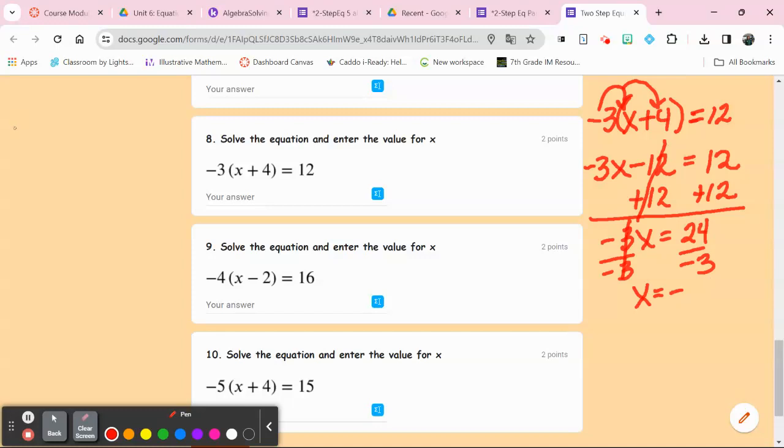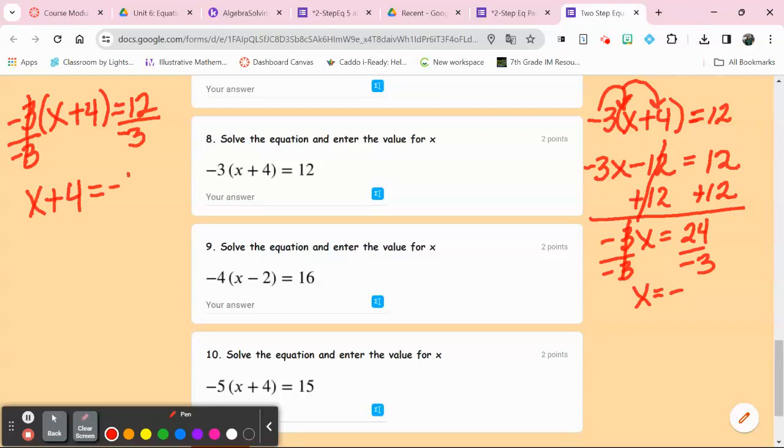Now, had I done it the division way, plus 4 equals 12, I would have divided both sides by negative 3, and that would have left me with one group of x plus 4 equals, I have one negative, negative 4.